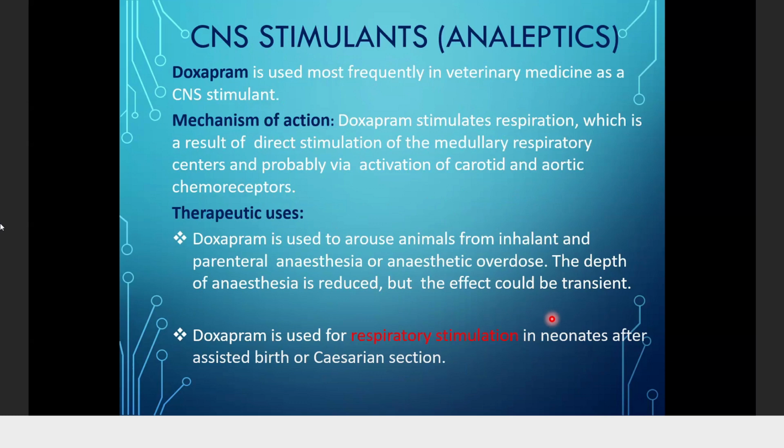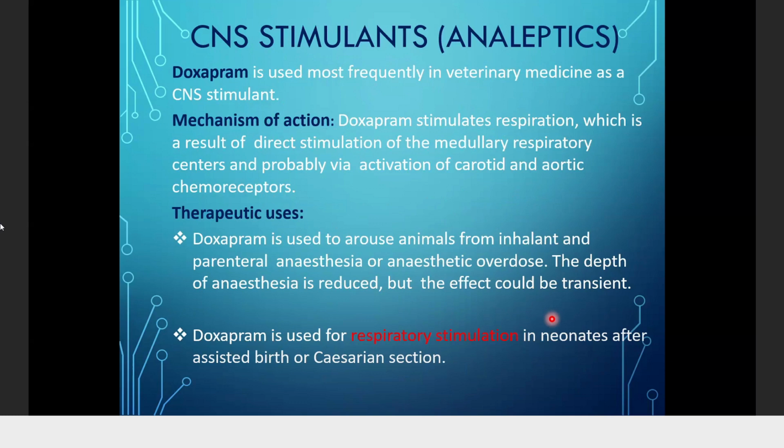Okay, we move on to CNS stimulants. CNS stimulants are referred to as analeptics. The most common one is doxapram. It's used as a CNS stimulant. The others were CNS depressants, they depress the CNS.